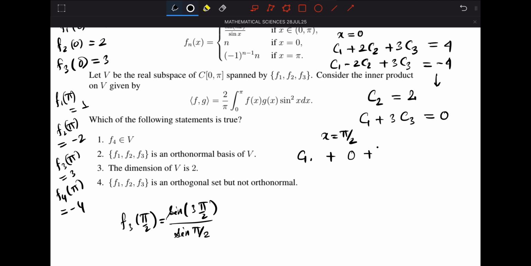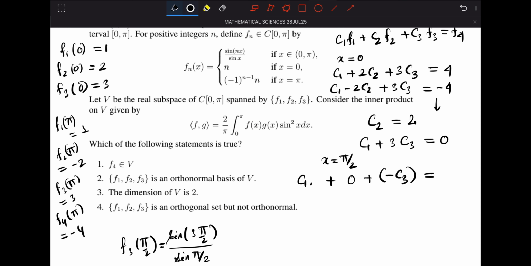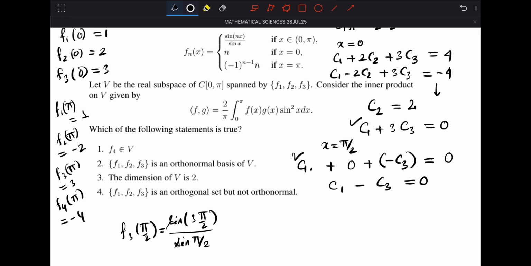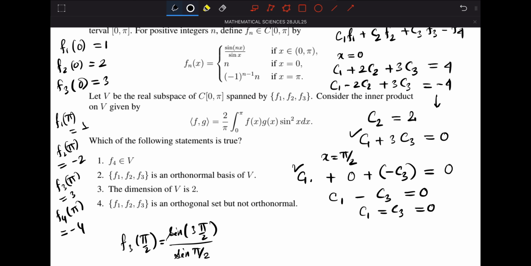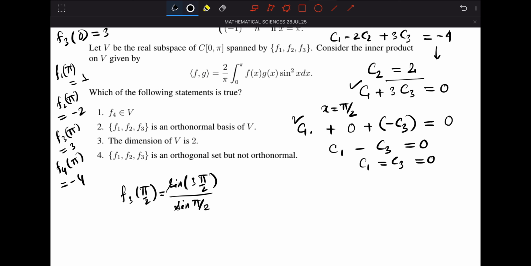So minus c3, and f4 of pi by 2 is 0. So c1 minus c3 equals 0. Okay. From these two equations, we have c1 equal to c3 equal to 0, and c2 equal to 2.